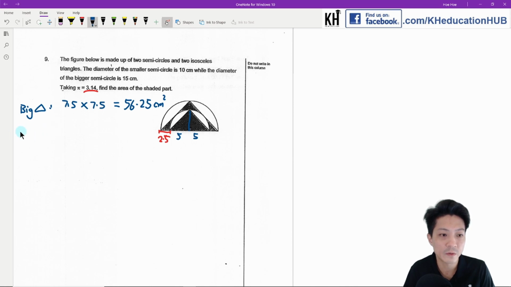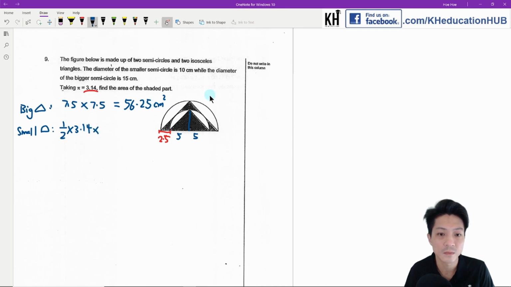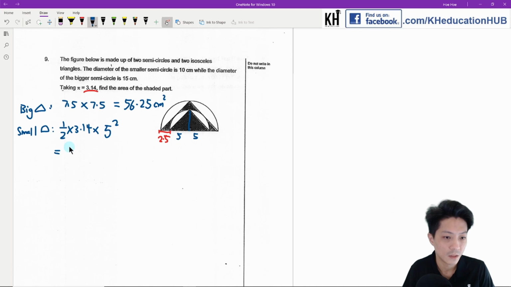Now I'm gonna find the small semicircle. The small semicircle would be half times pi times 5 square. That will be 39.25 square cm.